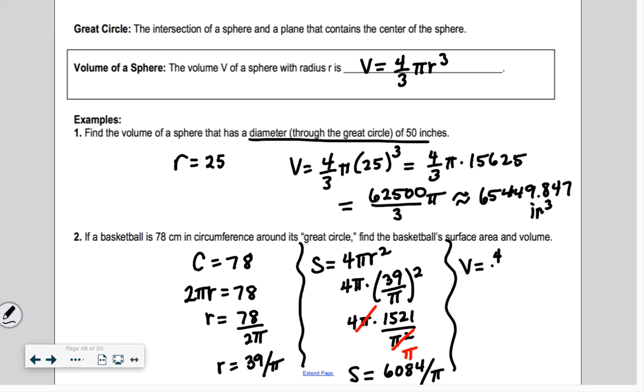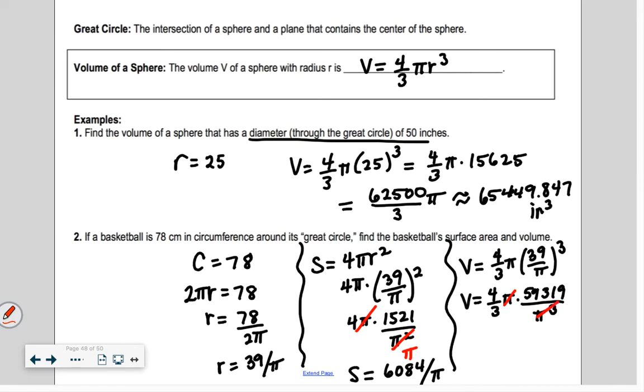So the volume would be 4/3 pi, again, r cubed. So try to simplify this one so that you still have a pi in the answer. You guys see how you get 59,319 over pi cubed?